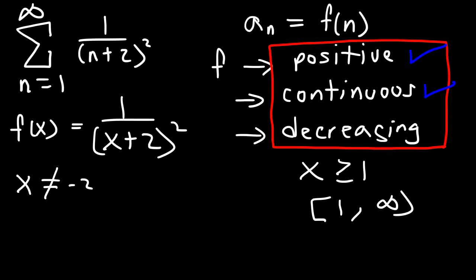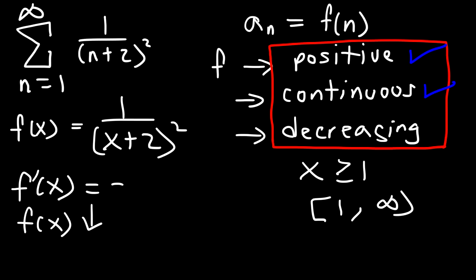Now let's focus on the third point. Is the function always decreasing? The way we can determine that is by using the first derivative test. If the first derivative is negative, then the function is decreasing. So we need to show that the first derivative is negative on this interval.